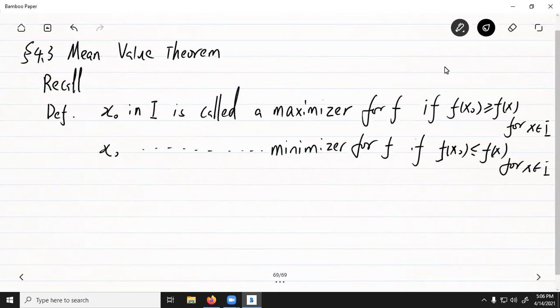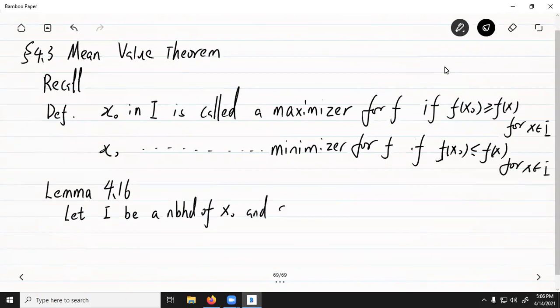Now let's look at the first lemma, 4.16. Let I be a neighborhood of x0, and suppose f is differentiable at x0.